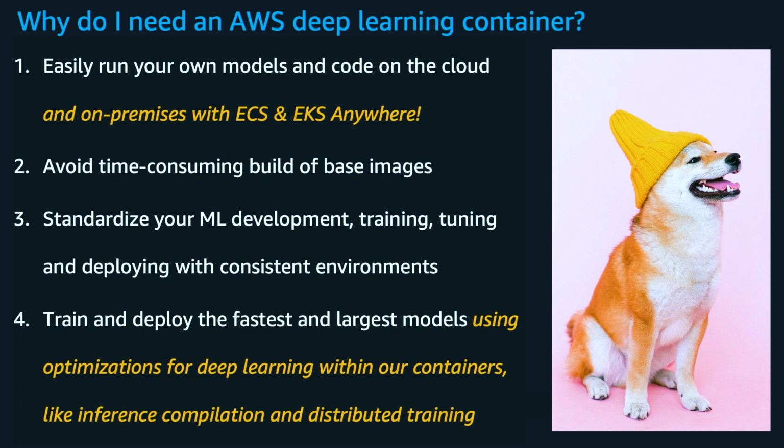At the end of the day, when your code is sitting in a container, you can get your hands on more compute, you can deploy it, you can run larger scale jobs, you can run jobs on a trigger, you can run jobs in a queue, you can run jobs in batch, you can run tuning, you can optimize your models. There are limitless possibilities. You can even extend these on premises using ECS and EKS anywhere. So for hybrid applications, you can extend those with the container services in anywhere mode.